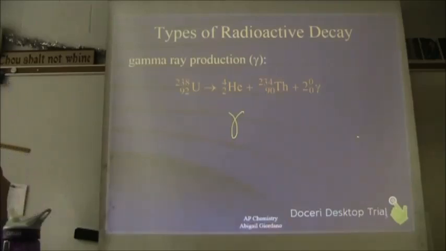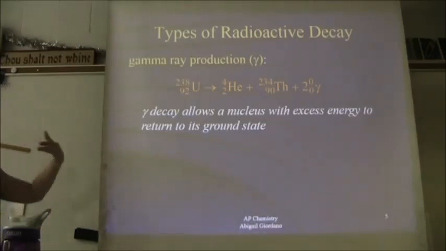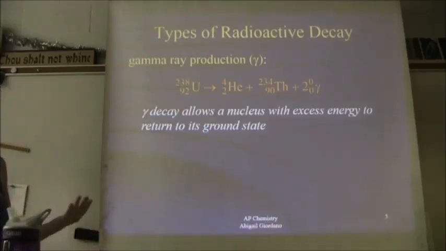Well, I want you to keep in mind something, okay, that gamma ray production always accompanies another type of decay. You don't ever have gamma decay just by itself. You know, gamma radiation happens along with alpha decay or along with beta decay.